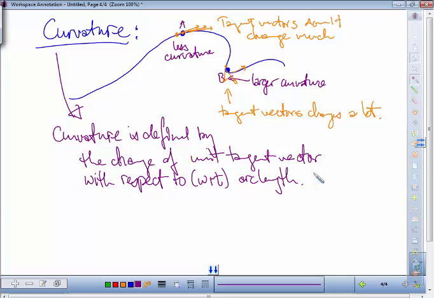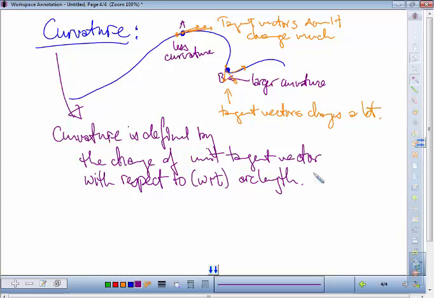Now, before we write down the formula for this, let me just get one more thing cleared up here. The change of the unit tangent vector with respect to the arc length. The unit tangent vector is a vector, right? And so we're taking the derivative of a vector. When we take the derivative of a vector, what do we get? Another vector.